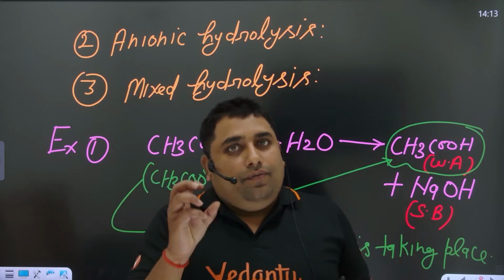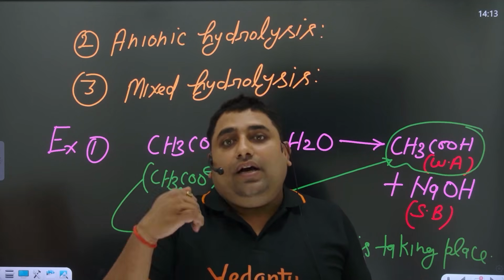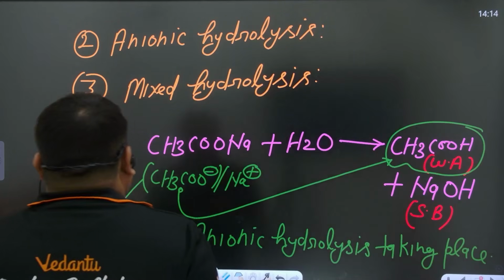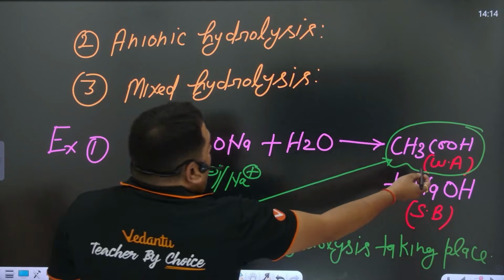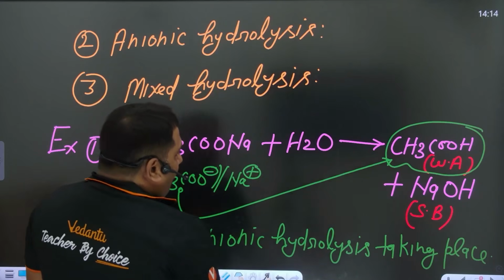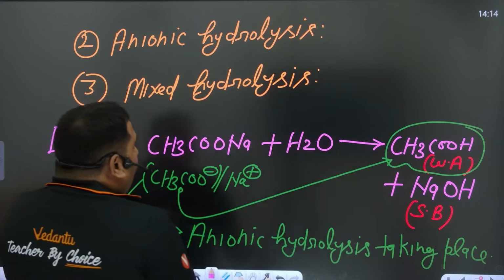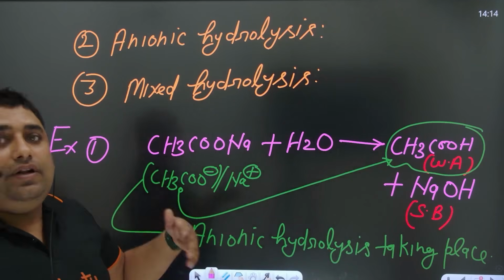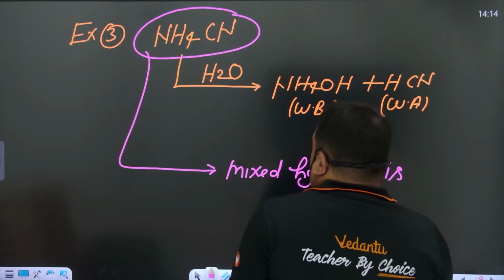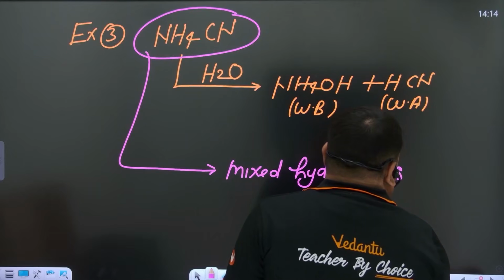When that weaker part came from the cationic part, then this is cationic hydrolysis. If the weaker part came from the anionic portion, then it is called anionic hydrolysis. If both are weaker, then there's a mixed hydrolysis. So type 1 question is clear to all.